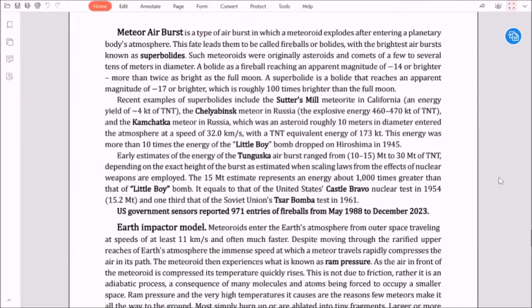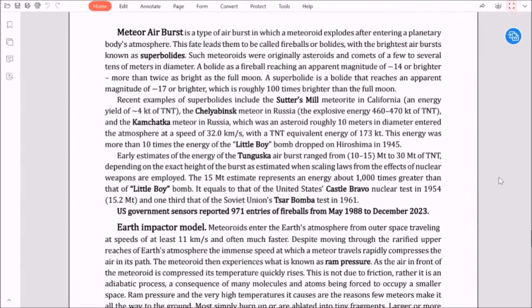The 15 megaton estimate represents an energy about 1,000 times greater than that of Little Boy. It equals that of the United States' Castle Bravo nuclear test in 1954 and is one-third that of the Soviet Union's Tsar Bomba test in 1961.